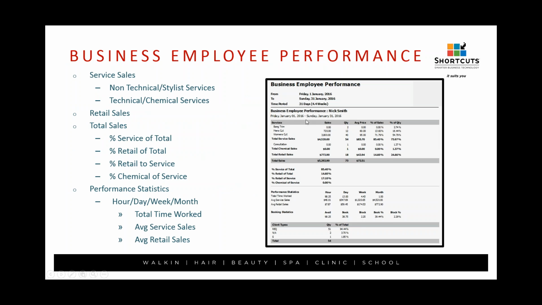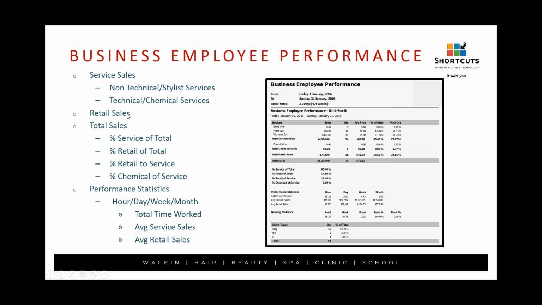And again, you guys, you can take a look at this after the webinar today and take a look at some of the information that you can see on there. I kind of broke it up for you here so we could take a look at what is on this report. I can look at this for individual employees. It will show me service sales. It will break that up into non-technical or stylist services versus technical or chemical services.